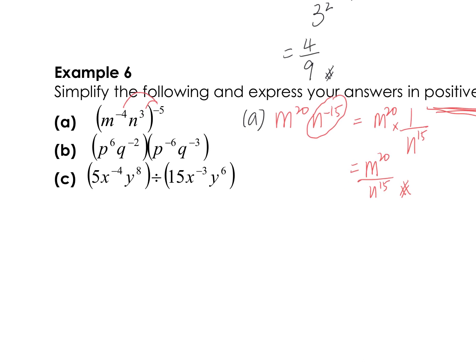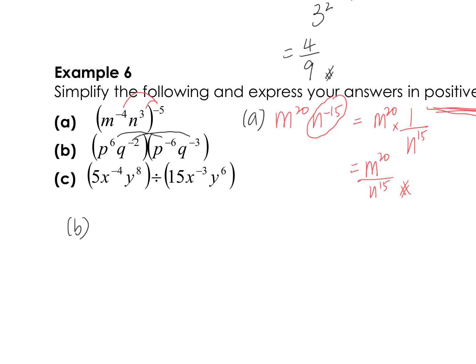Okay, let's do part B. Raven, what do I get? What do I get for my answer for P and for Q?